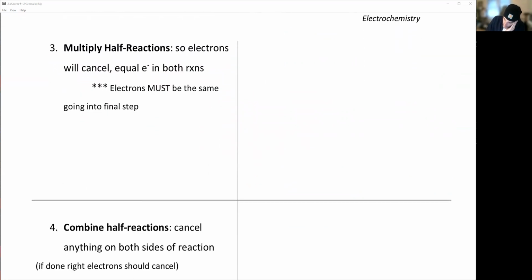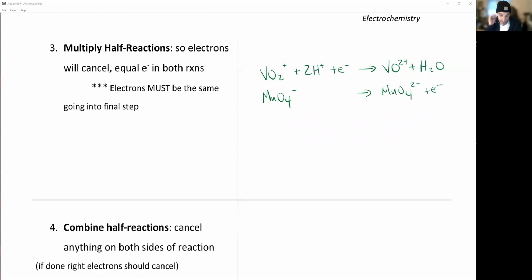And so now if I rewrite the things that I have, so I had VO2 plus 2H plus an electron is in equilibrium with VO2 plus 1 water. Okay, and then I've got MnO4 minus yields MnO4 2 minus plus an electron. By the way, dead giveaway, if you have electrons on opposite sides, you're doing something right.